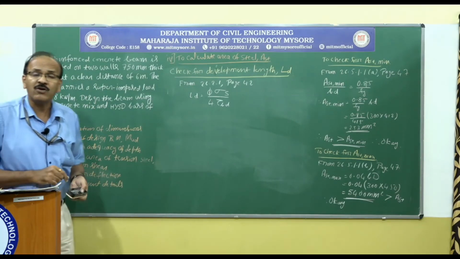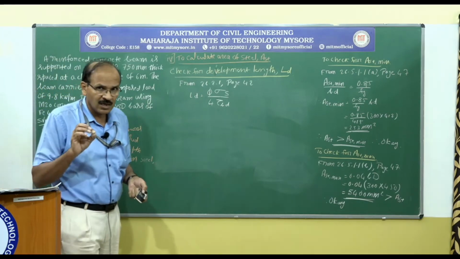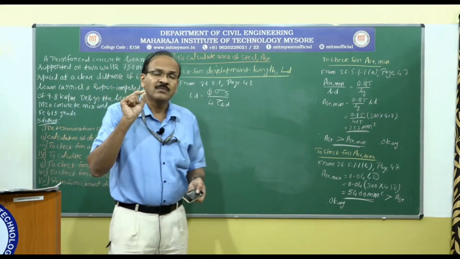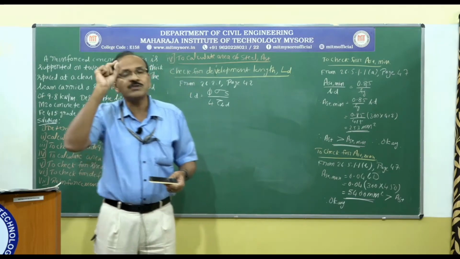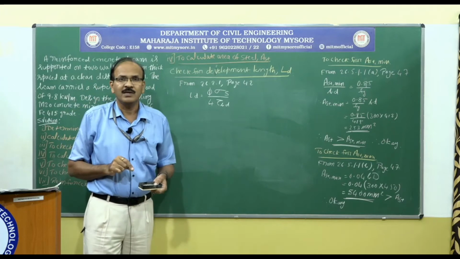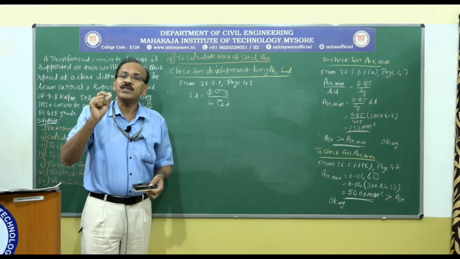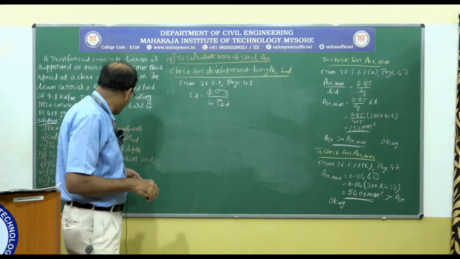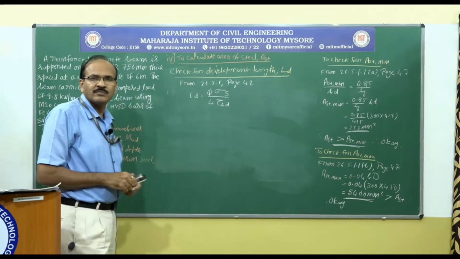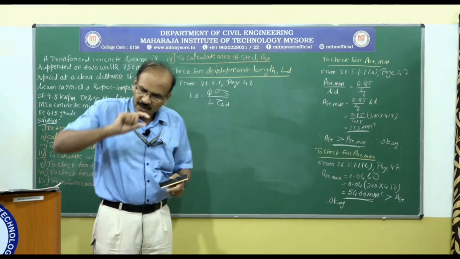So for M20 concrete, if you refer, tau BD value equal to 1.2 Newton per millimeter square. So that value is for mild steel bar. When you are using HYSD bar, the surface is rough.